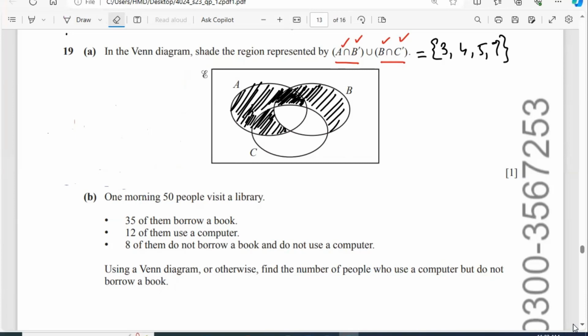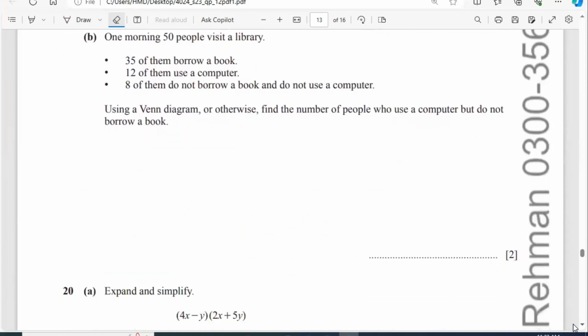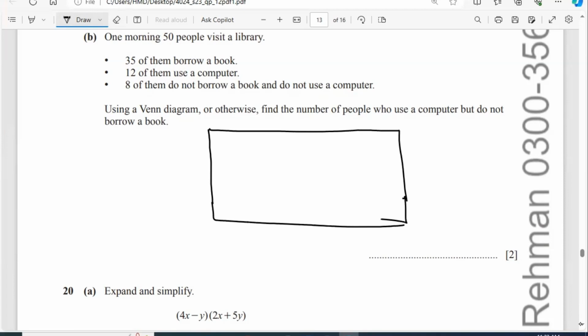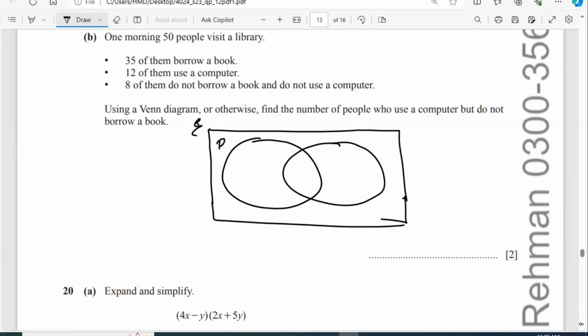So suppose, I'm going to draw the Venn diagram. This is the Venn diagram here. Book and computer.